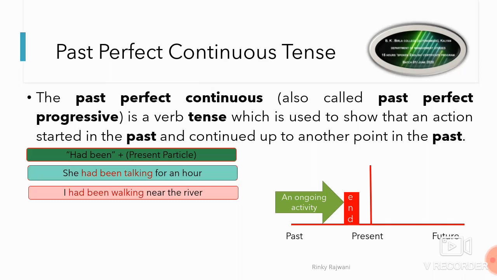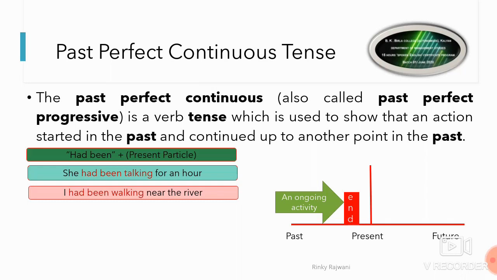It was an ongoing action in the past and it ended in the past only. As you can see in this diagram, an ongoing activity is shown with an arrow in the past, it ended in the past, and it was not carried on to the present. So future has no effect and present has no effect.